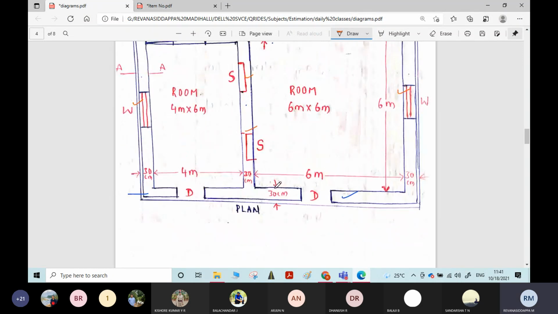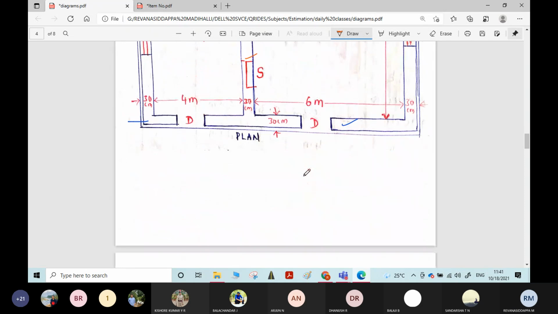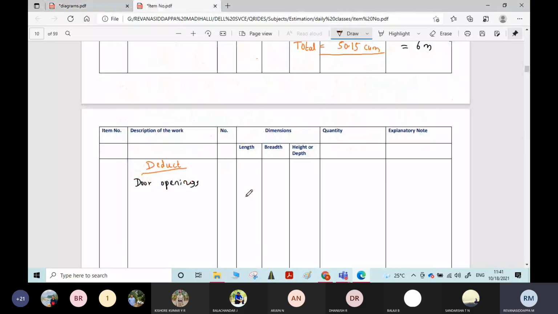How many doors are there in the diagram? Two doors. The length, width and height of the door opening are given in the data.